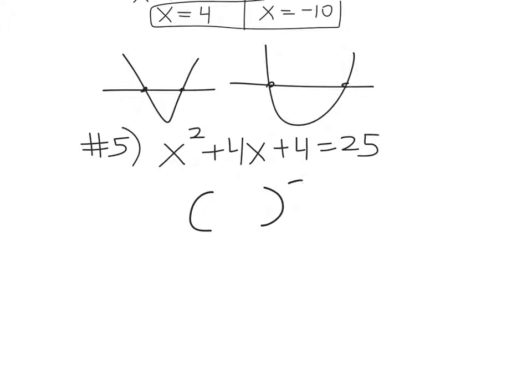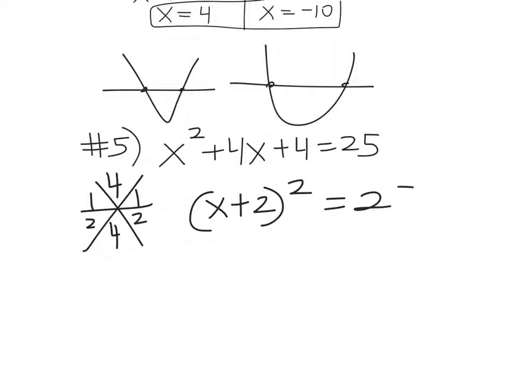It can be factored as a perfect square. Do you remember doing these? The shortcut? If you don't remember, you can always ask, what times what is 4 and adds up to 4? It's 2 and 2. So you get x plus 2 squared equals 25. This entire x squared plus 4x plus 4 factors as x plus 2 squared.